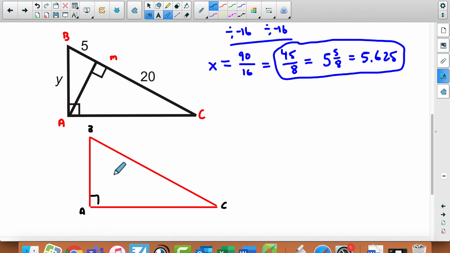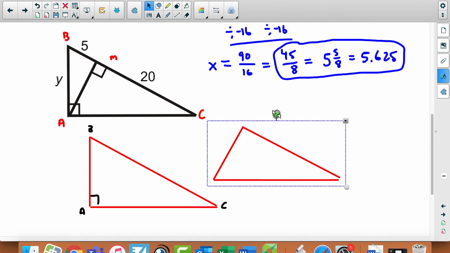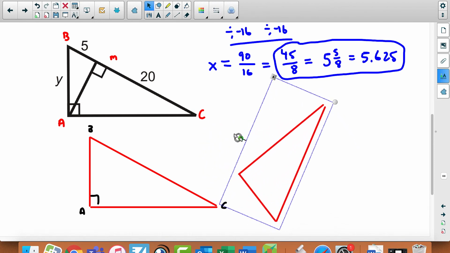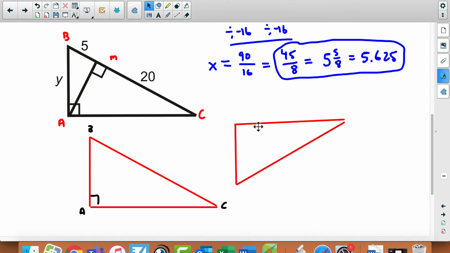Okay, the next one that you can probably spot here is this medium triangle right here. So that's this one here, the red one here. And if I remove that one, here we go, our right angle is up here, but I'm not going to draw it because what I'm actually going to do is I'm going to spin this one to here, and then it's now a mirror image of this. Can I flip this over?